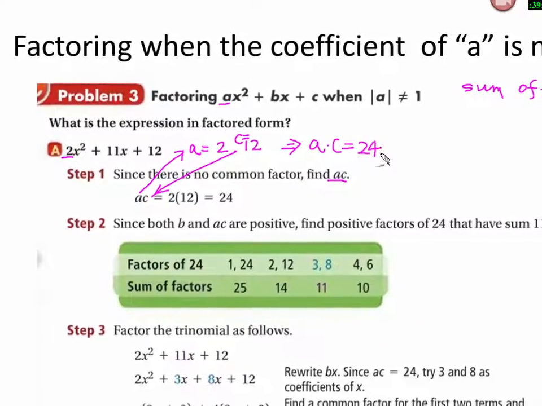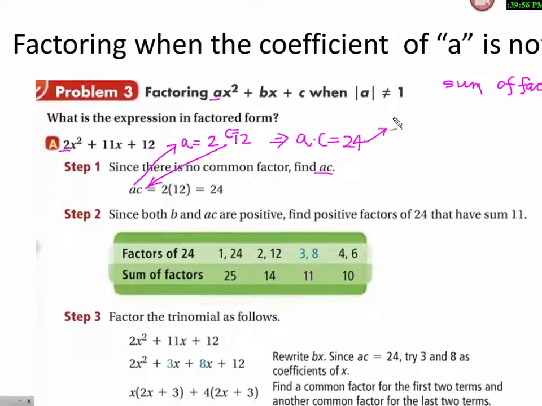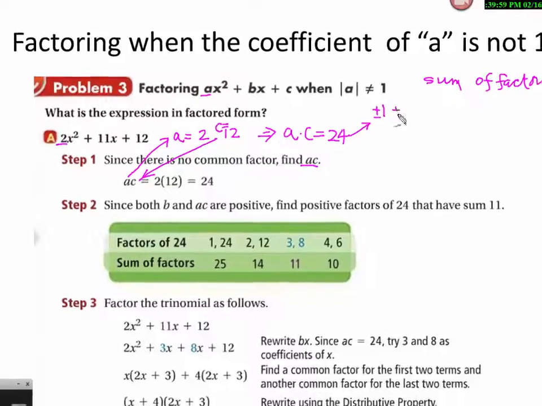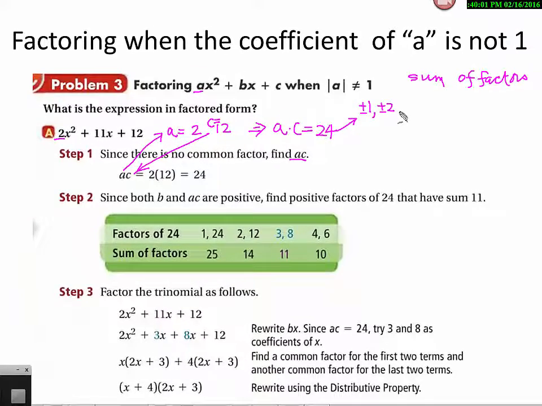We have to look at the factors of 24, which are plus and minus 1, plus and minus 2, plus and minus 3, plus and minus 4, plus and minus 6, plus and minus 8, plus and minus 12, and the last one is plus and minus 24. We have to look for a combination of two of these factors which add up, again the sum of factors, equal to the b value 11 right here.